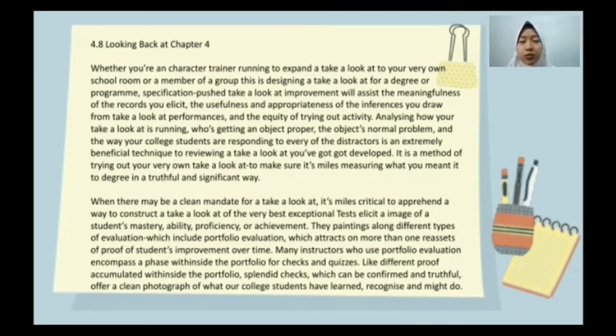Excellent tests that are valid and fair provide a clear picture of what our students have learned, understood, and can do.